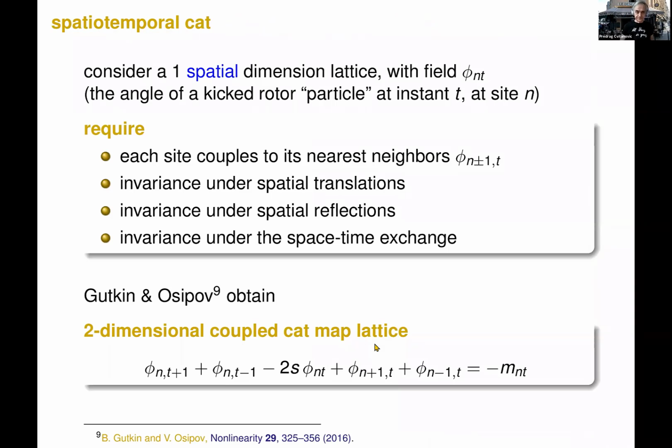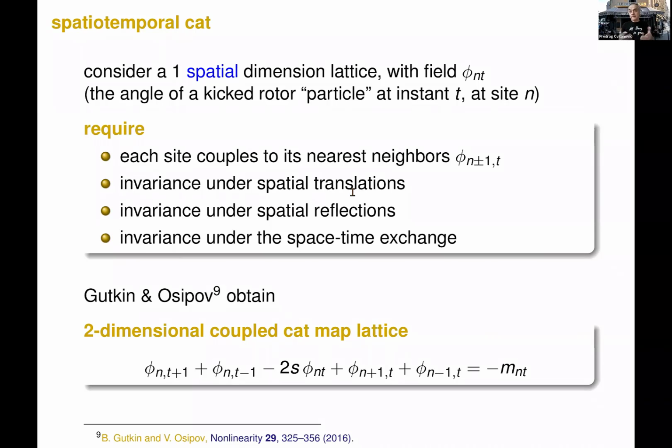So how do you do it? To train, take one dimension in space, and we inherit the time because cats sit on the temporal lattice. So now we are in a two-dimensional spatiotemporal lattice. Require that each cat talks to its neighbor to the left and right in space, n+1 at time t.